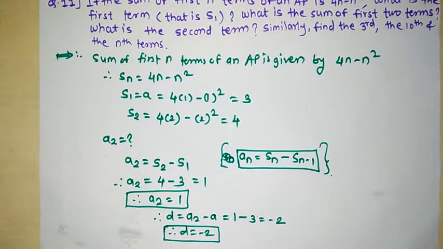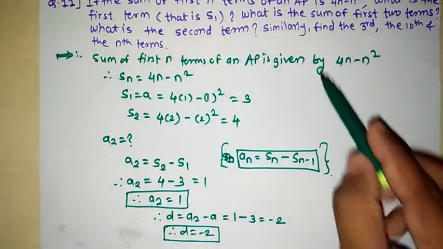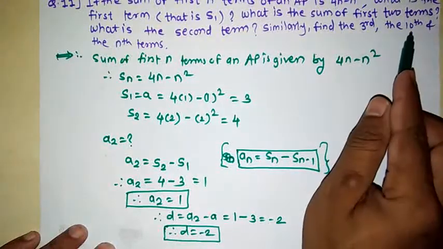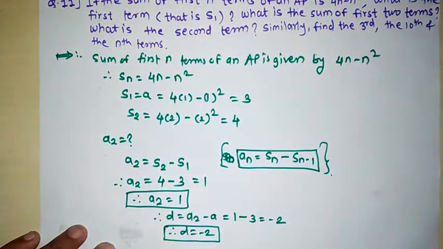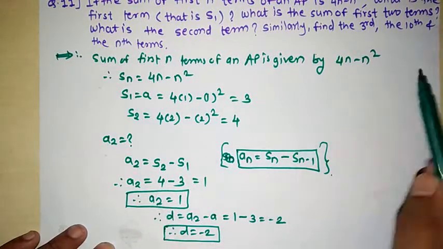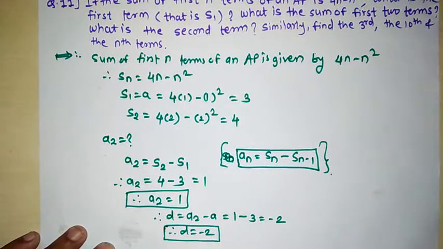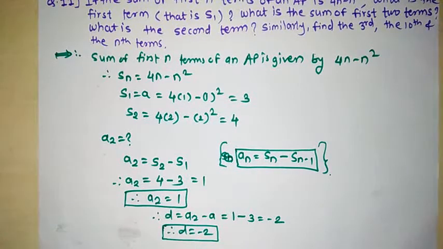Now see friends, what do we have to find? Similarly, we have to find the third term, the 10th term and the nth term. We have already got the value of the second term. Now we have to find the third term, the 10th term and the nth term. We have to find the value of these terms. Let us see how to find this.